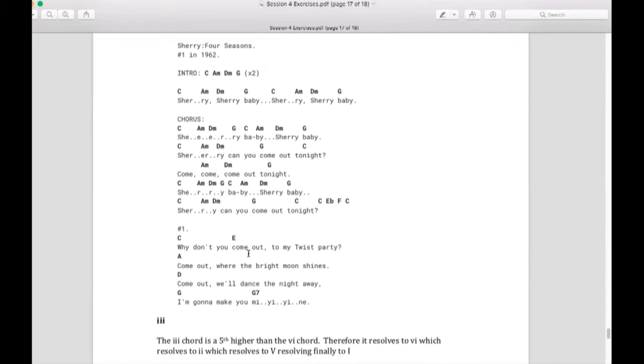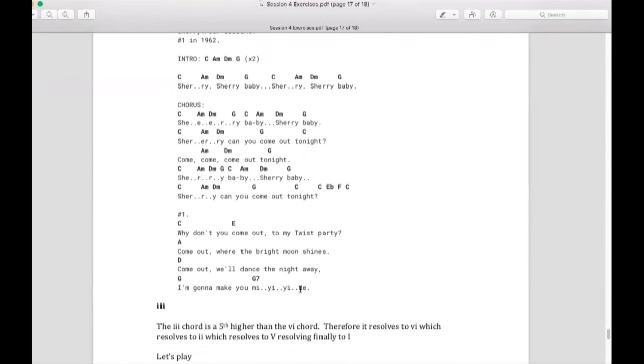All right. And then when we go to the chorus, it's the cycle of fifths. Look, here's C is 1, right? So G, G7, that's the 5 of C. D is the 5 of G. A is the 5 of D. E is the 5 of A. So in the chorus, we get, why don't you come out to my twist party?